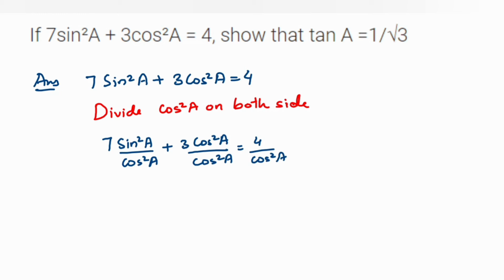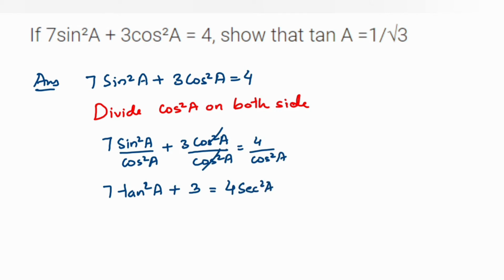So from here we can write down 7 tan square A plus, cos square and cos square, numerator and denominator get cancelled, is equal to 4 into, so cos square reciprocal of cos is secant, so we'll get secant square.